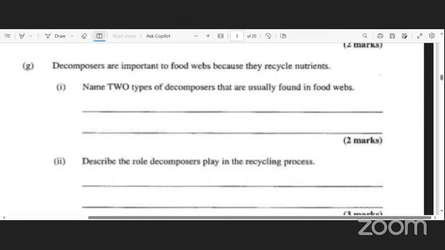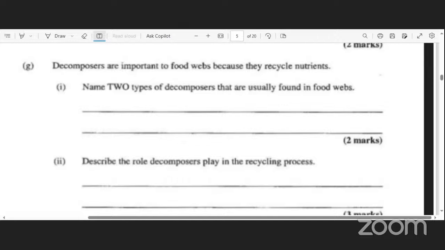But some books still tell us earthworms are decomposers, and some will tell you they are detritivores. To be on the safe side, always remember that bacteria and fungi are the main types of decomposers.